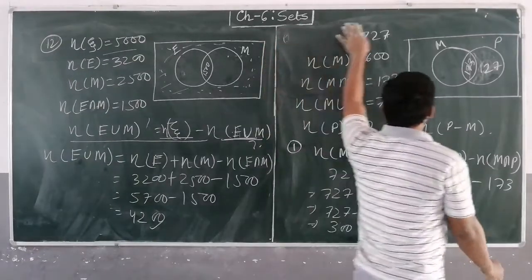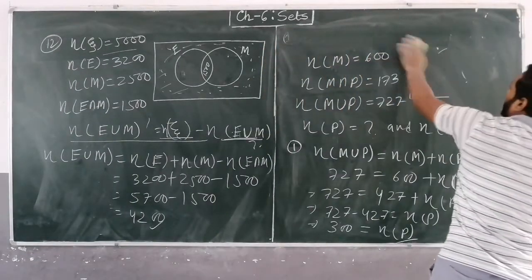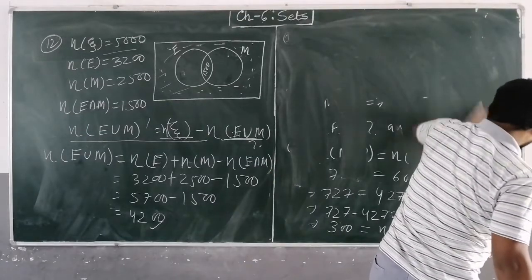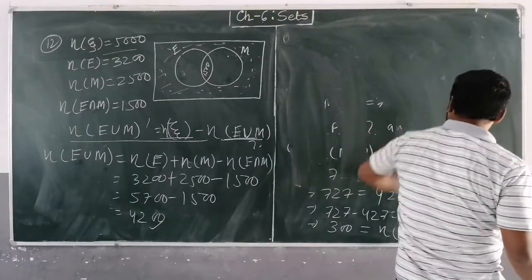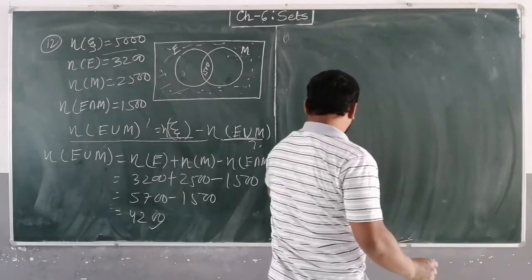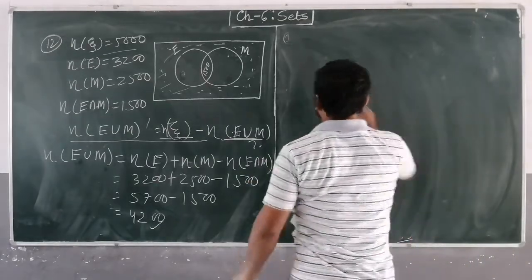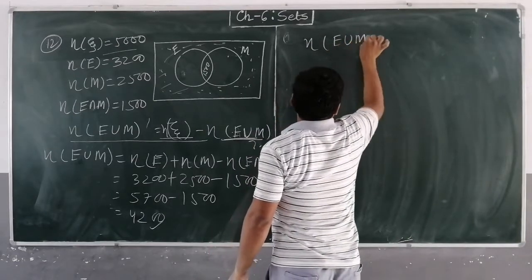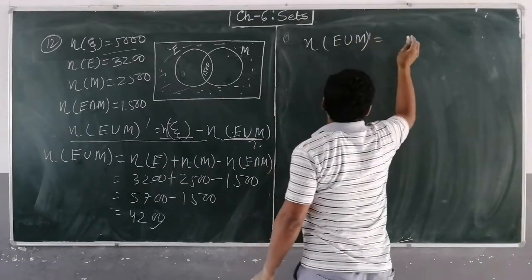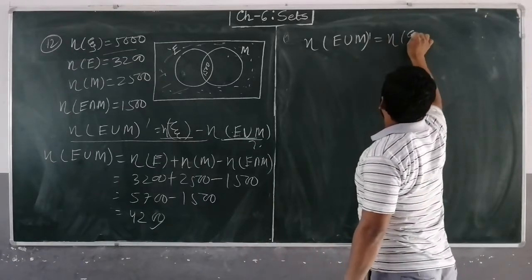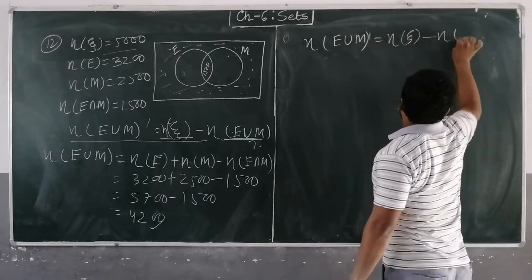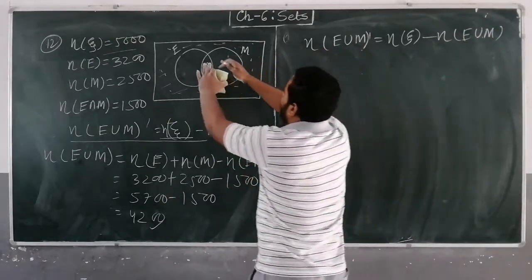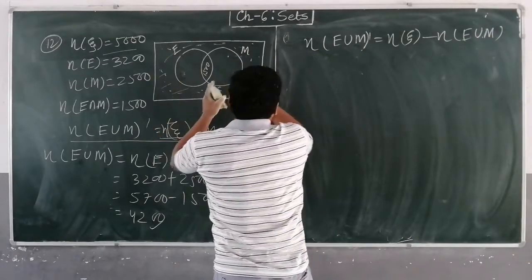Now finally, what you have to find is the cardinality of E union M complement. It will be n of xi minus cardinality of E union M. E union M complement means outside these two circles, that is the vegetarian part.